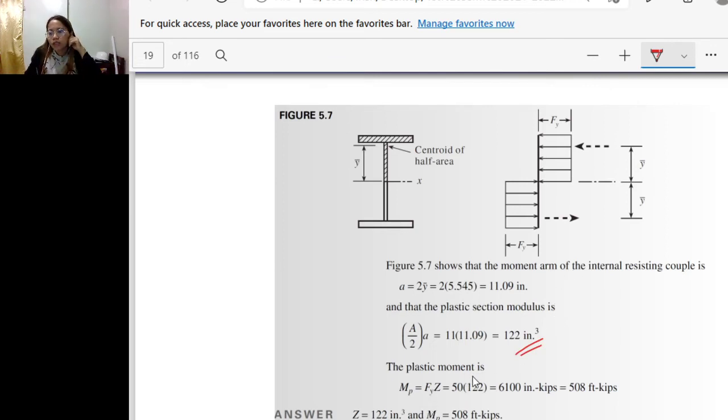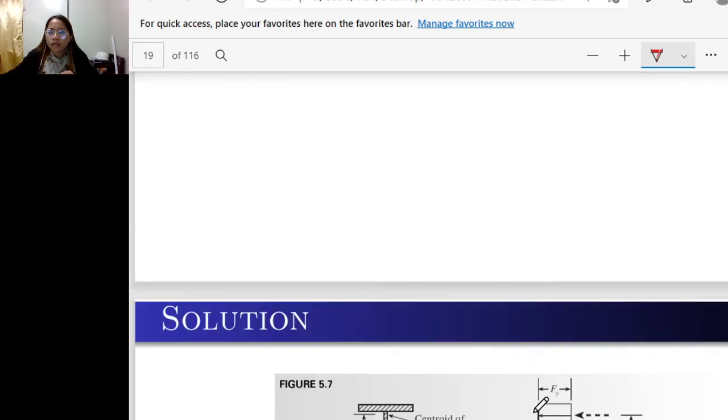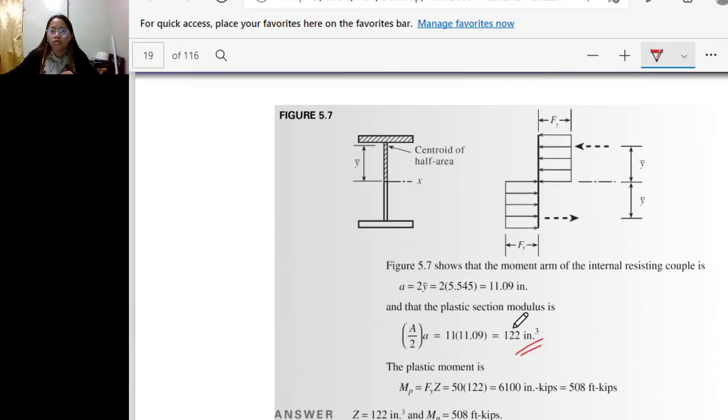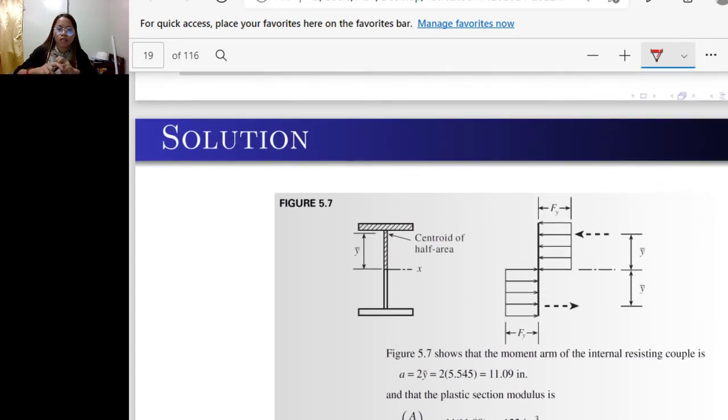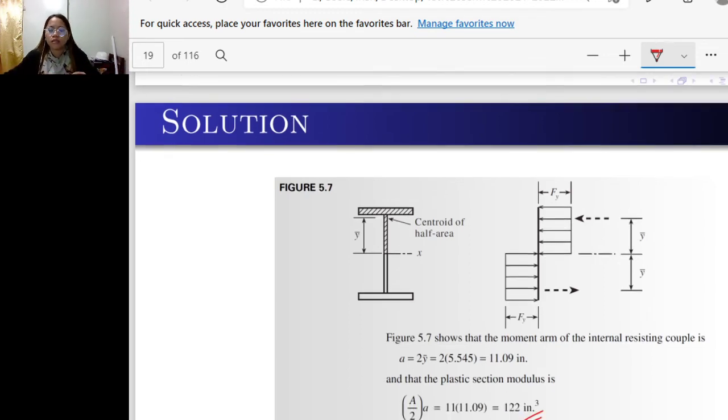And the plastic moment is equal to the yield strength times Z. The Z is the plastic section modulus. And the yield strength is given as 50 ksi times the obtained plastic section modulus of 122. So the answer is 508 foot kips. So these are the answers.